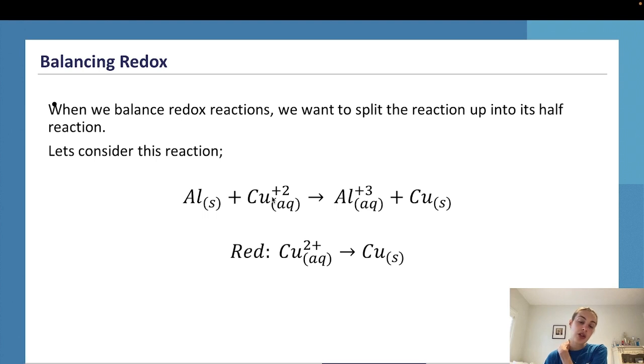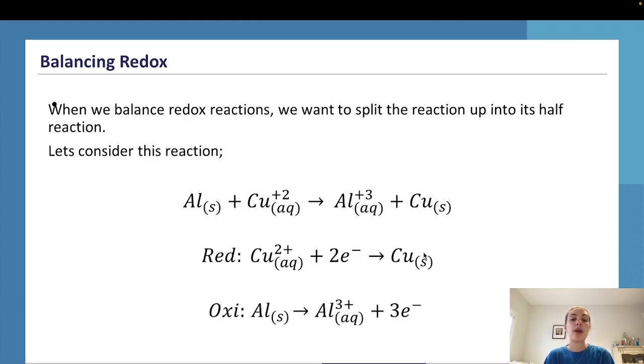So its oxidation number is going from +2 to 0, hence it is gaining 2 electrons, because we're remembering that electrons have a negative charge. So by gaining 2 electrons, it's going from +2 to 0. So we can say the gaining of electrons is reduction, and we're going from copper 2+ to copper solid. So we can write that as our reduction reaction.